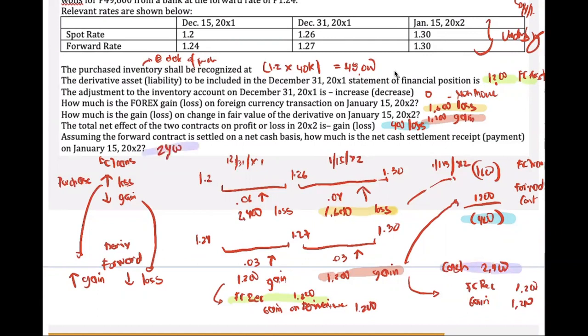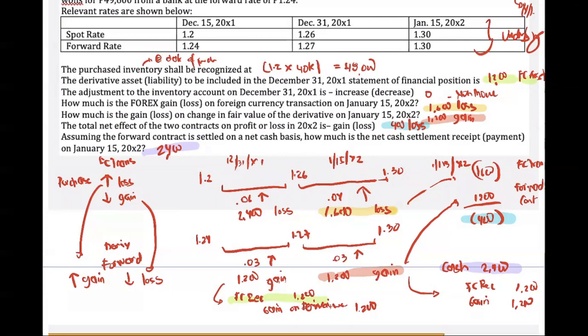Okay. So we're done with forwards and futures. Remember, in forwards or futures, what is important? You need to take a look whether there is a gain or loss on your derivatives. So how will we know if there is a gain or loss on your derivatives? We account for your foreign currency transaction, and then we account also for your derivatives.